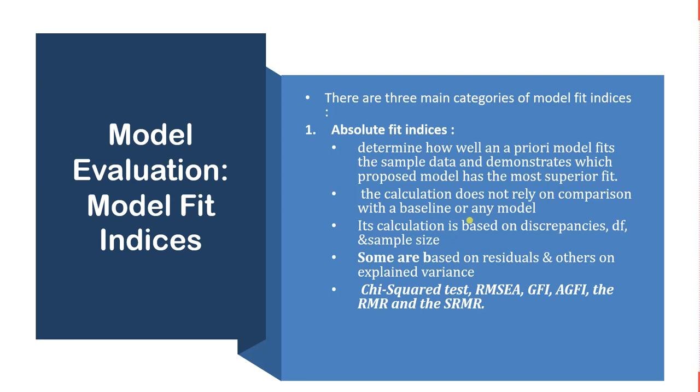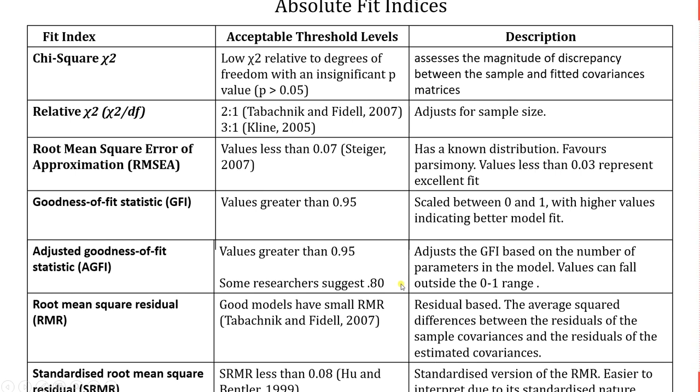So if we have explained 95% of the variance from the sample model in the a priori model, then 5% is yet to be explained. That is the residual, that is the error, that is the remaining. And some indices are based on residuals. So if residuals are lower, the model fit is better. If the explained variance based indices are used, higher the value, better the model fit. And these are some of the names that I will explain in the next slide.